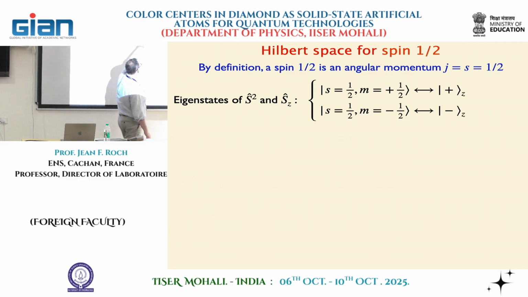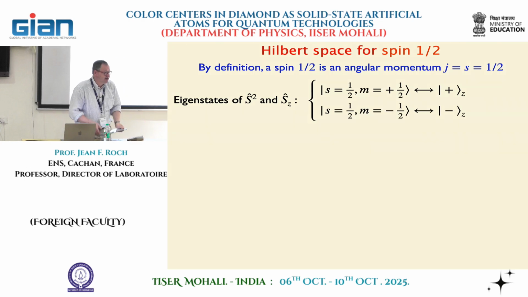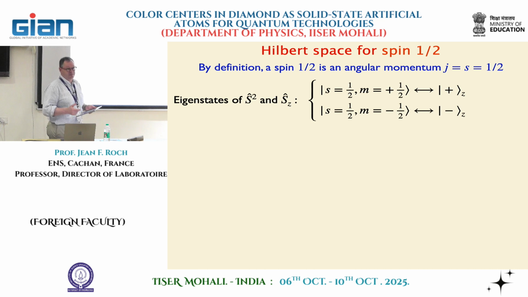The first state will be called plus along Z, which tells me that I have set a quantization axis in the Z direction, which is physically associated in that case to the direction of the B field. And the other state will be called minus Z.